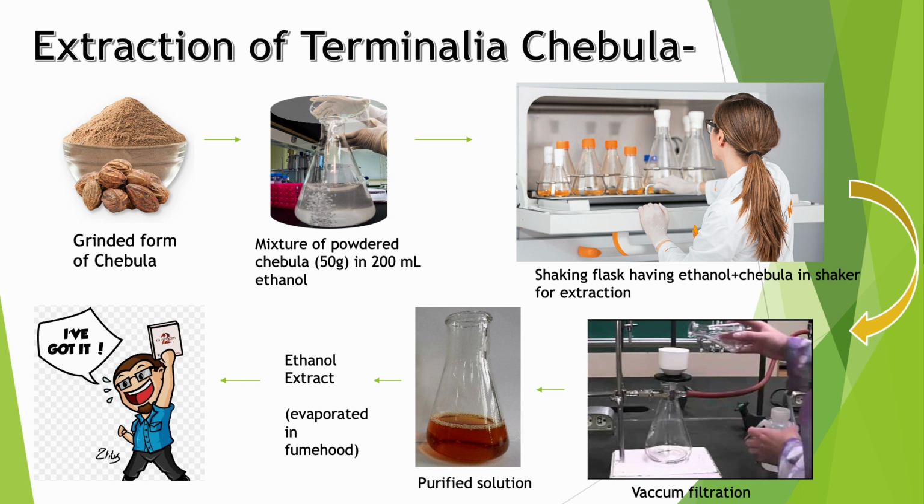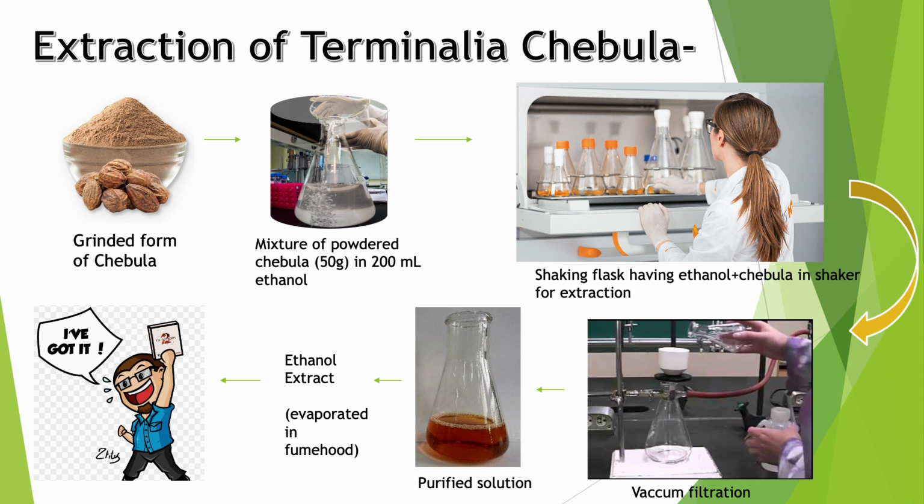All the solid particles collected on top, whereas the liquid form of Terminalia chebula and ethanol went down into the flask. Then we used that liquid as the purified solution of ethanol extract and put it inside the fume hood for evaporation.